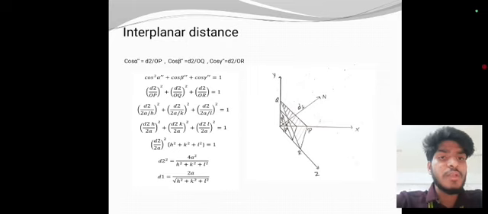Substituting these values, we get (d2 h by 2a) whole square plus (d2 k by 2a) whole square plus (d2 l by 2a) whole square equal to 1. Here d2 by 2a is common, so we take (d2 by 2a) whole square into (h square plus k square plus l square) equal to 1. Now d2 square is equal to 4a square by (h square plus k square plus l square). Now d2 is equal to 2a by root of h square plus k square plus l square.